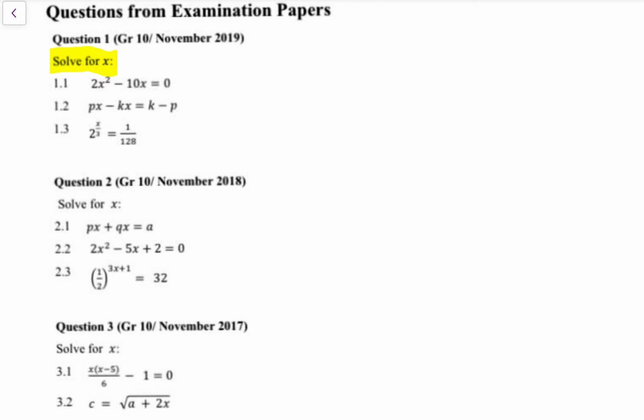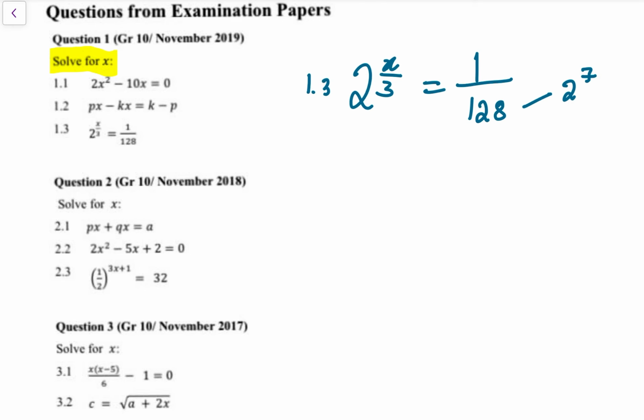Number 3, 1.3. We have 2 to the exponent x over 3 is equal to 1 over 128. So we can change that 128 and write it as 2 to the exponent 7.